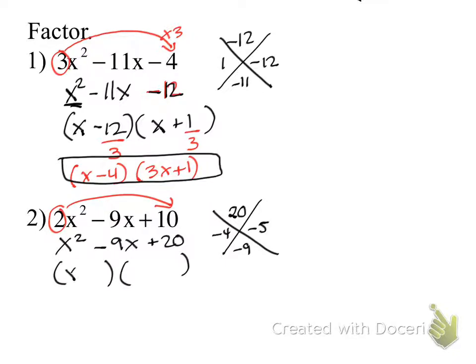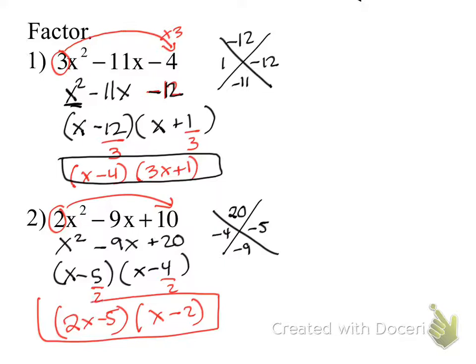So what does that factor to, Ethan? That factors to x minus 4 and then x minus 5. Okay. And then you're going to divide by 2. Divide by 2, divide by 2. And we end up with 2x minus 5 times the quantity of x minus 2.